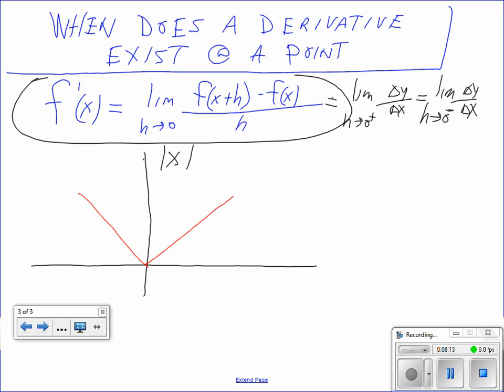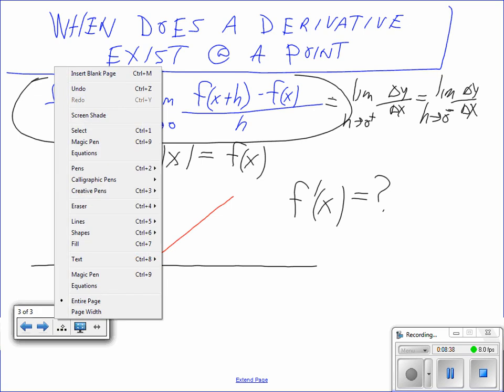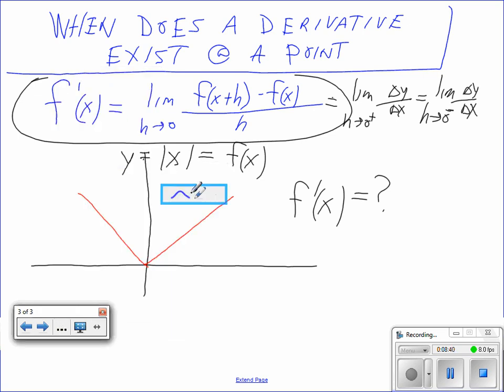Now think about what a derivative is. If y was equal to that, or if that's f of x, what would f prime of x look like? Well, let's get a different color here. How about we go up to blue?